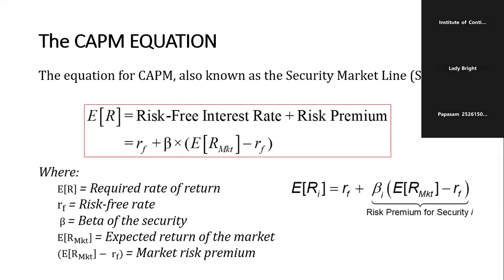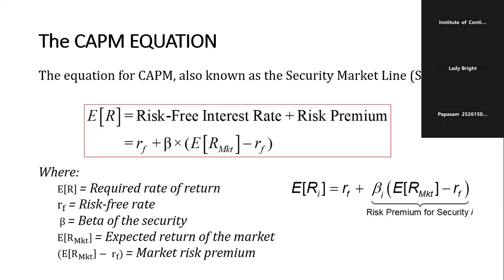And when you are looking for the expected return an investor would want to get, it is the risk-free rate, which will come from perhaps a treasury bill, plus a risk premium for taking on extra risks.